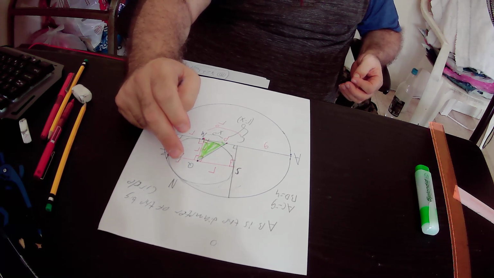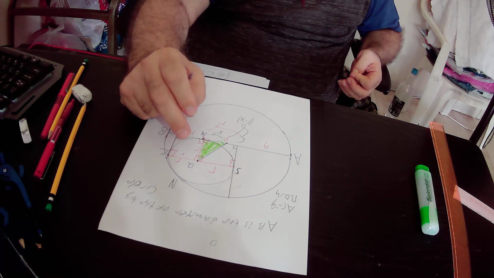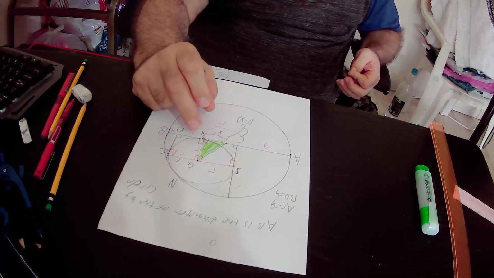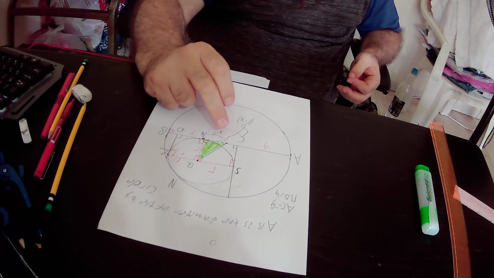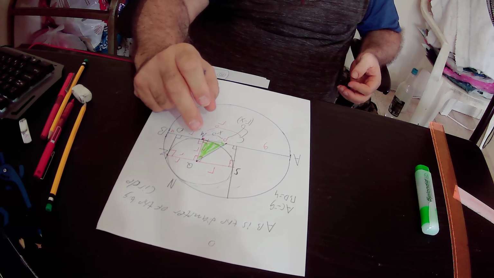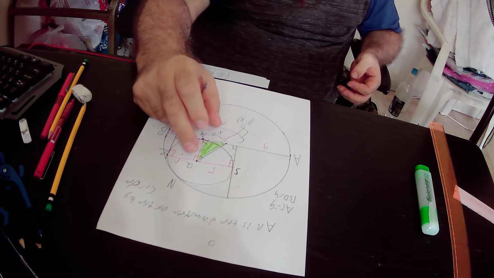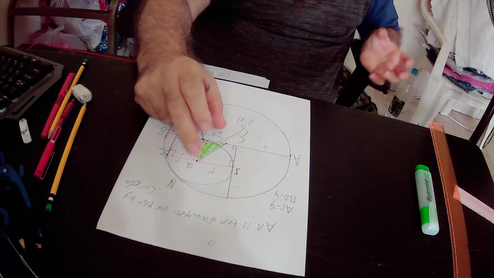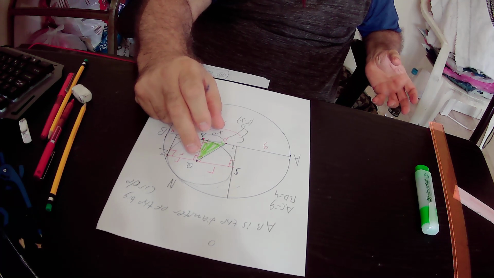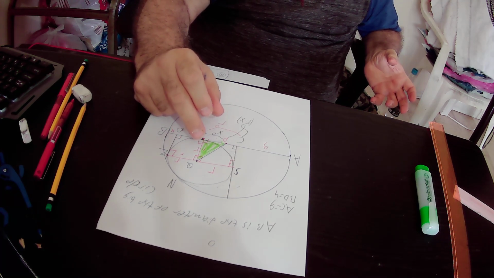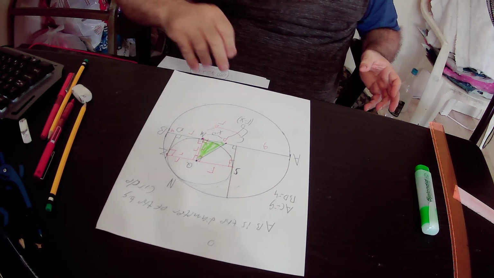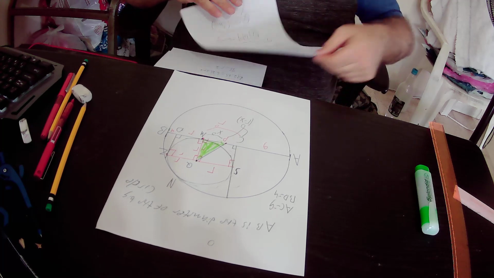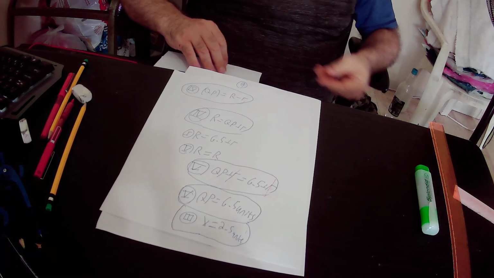Therefore, we can use rule number 1, which states that the distance between their centers, that is QP, because Q is the center of the small circle and P is the center of the big circle, equals the difference between the lengths of the radii, that is to say QP equals capital R minus small r.